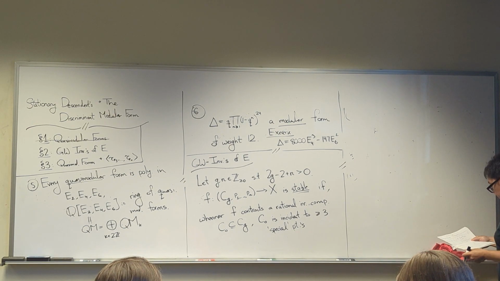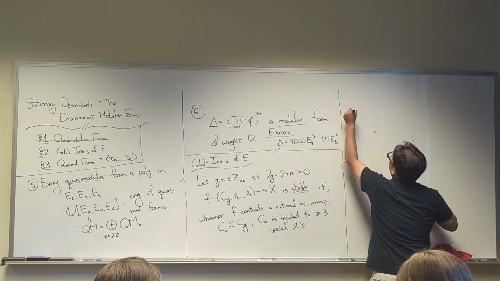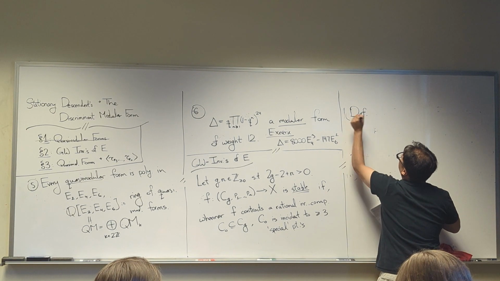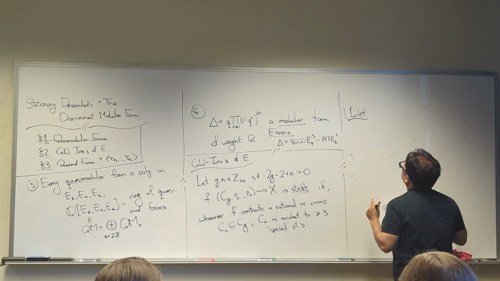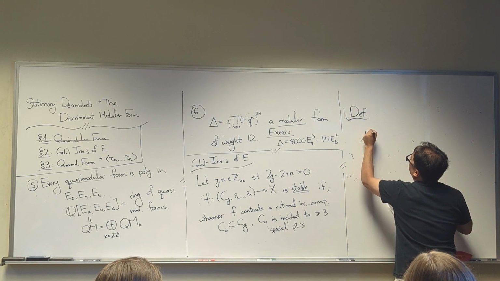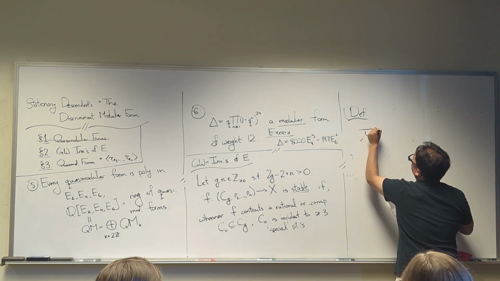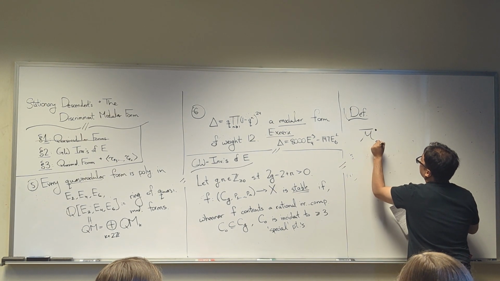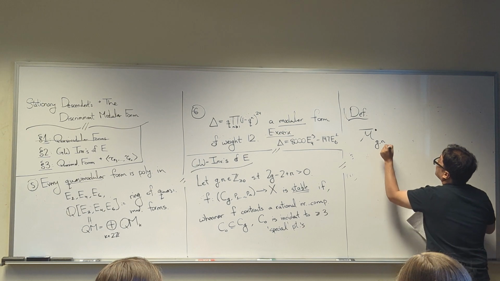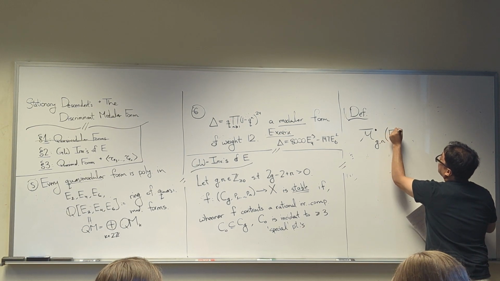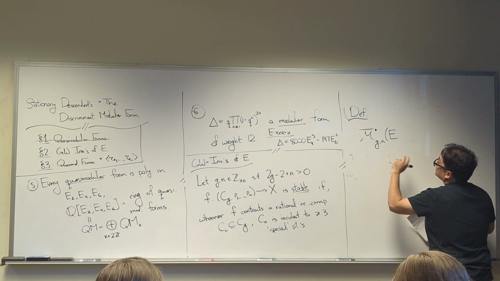Okay. So here's the notation for the moduli space of stable maps to that.